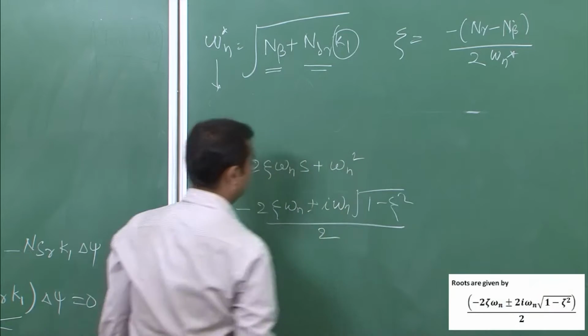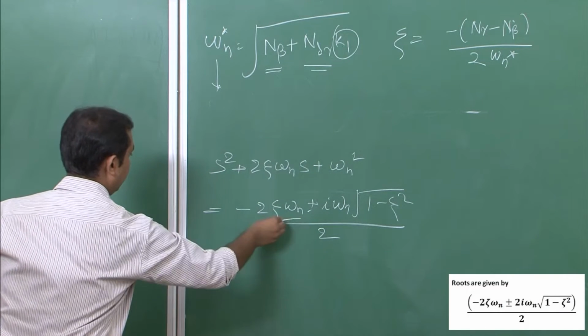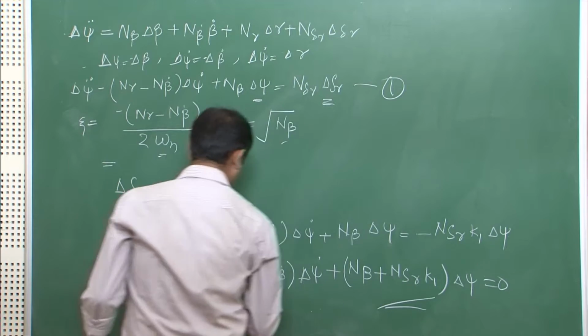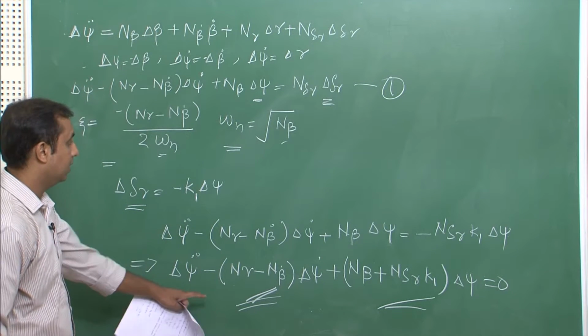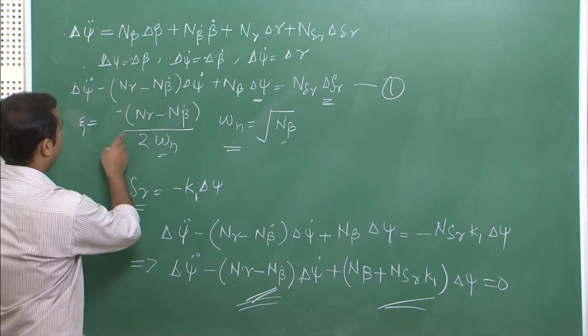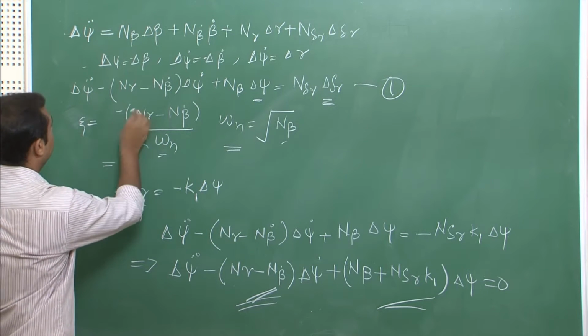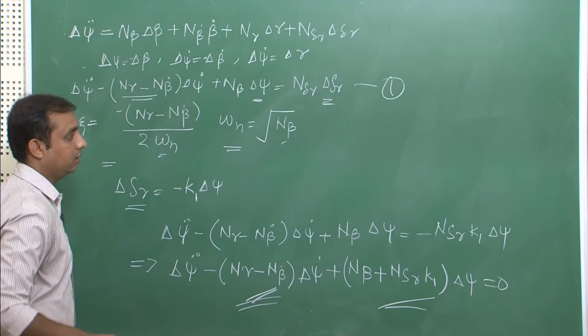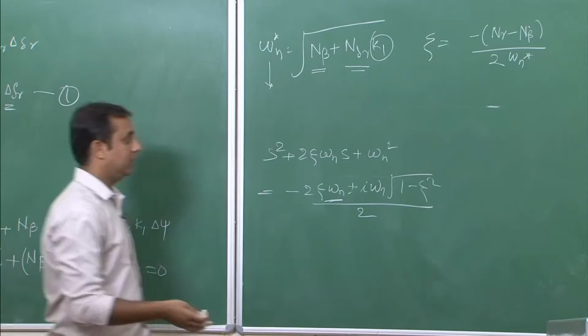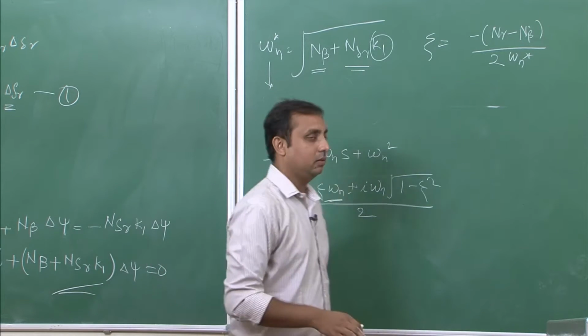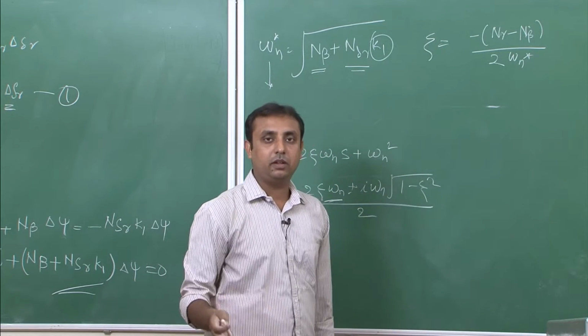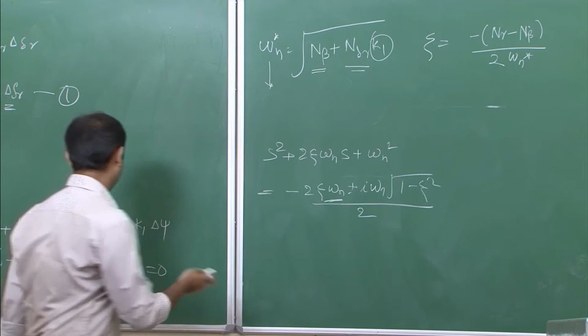Since the zeta omega n term is the same in this equation in which we use the stability augmentation system as in the original differential equation, the real part will be the same. So you can say the decaying rate will be the same, only the natural frequency will change in these both equations.